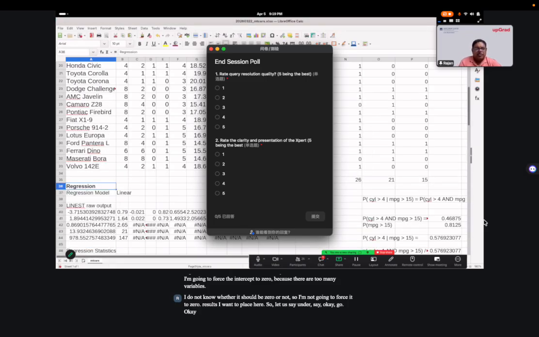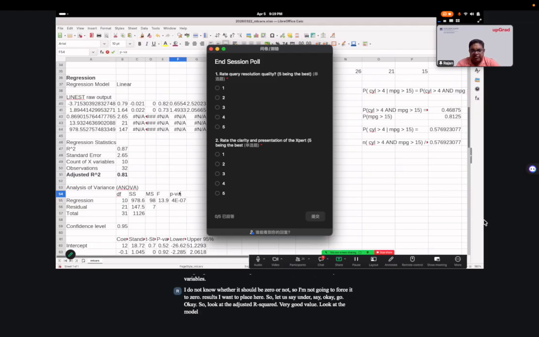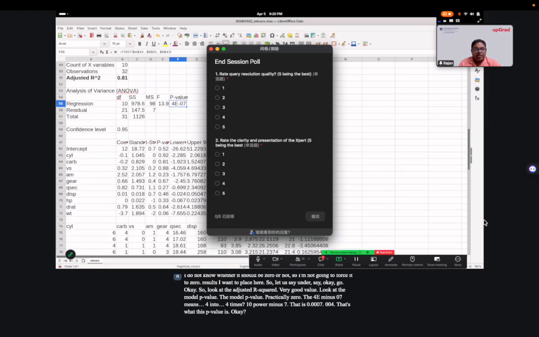Okay. So look at the adjusted R squared. Very good value. Look at the model p-value, the ANOVA p-value, practically 0. The 4e-07 means 4 times 10 to the power minus 7, that is 0.0000004. That's what this p-value is. Now let's look at the coefficients.